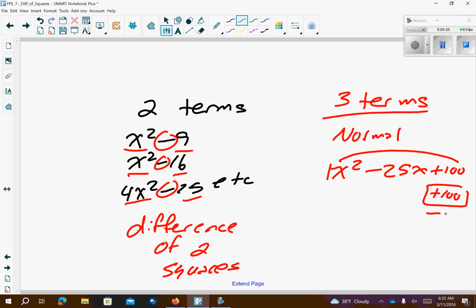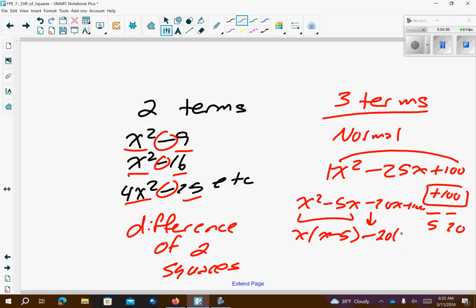Because it's negative, so negative, negative. In this case, it's going to be 5 and 20, so we'll just bring that straight down and then factor out what you have in common. This is the same stuff we've been doing. It's just that on the difference of two squares you only have two terms given, so sometimes you can identify it.